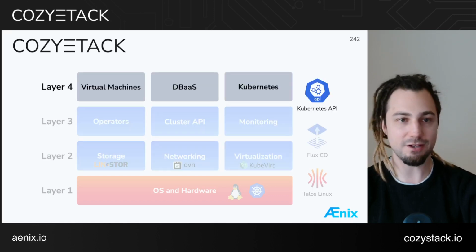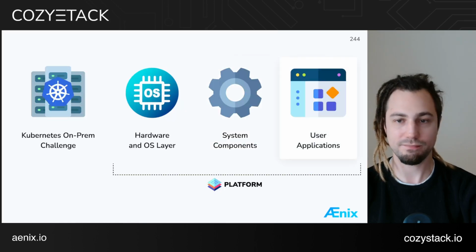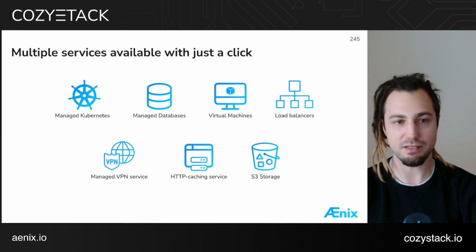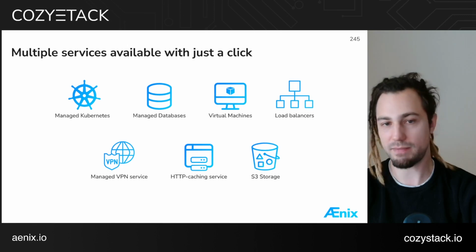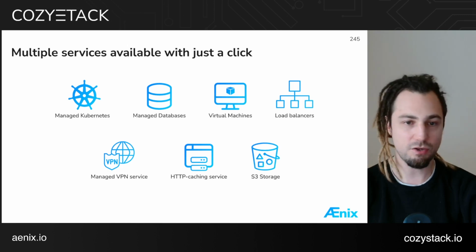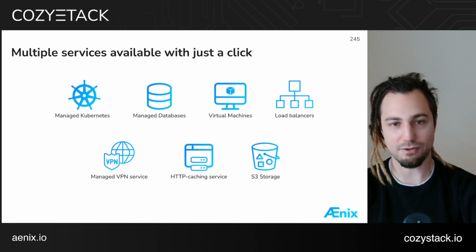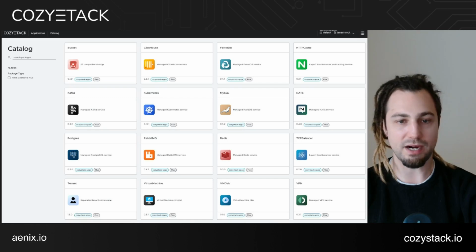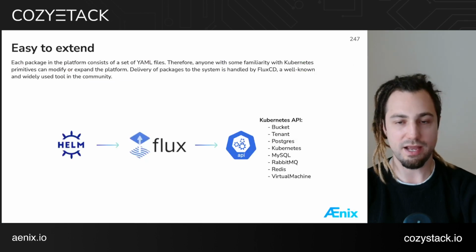And now let's talk about the most interesting part, how the user works with our application. So we have user applications such as managed Kubernetes, managed databases, virtual machines, S3 storage. All of them are listed in this dashboard and managed by Flux.